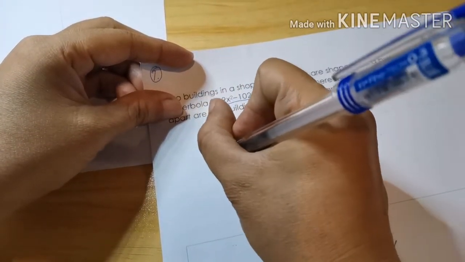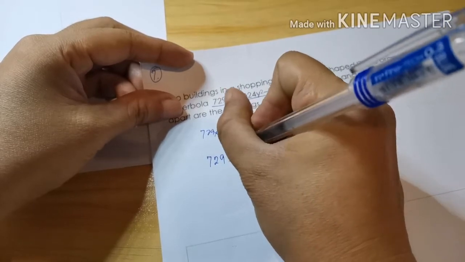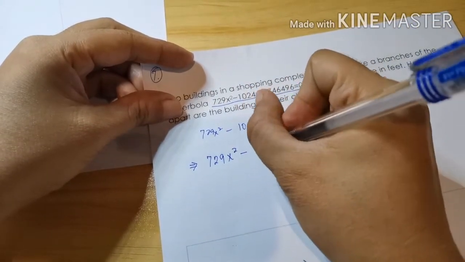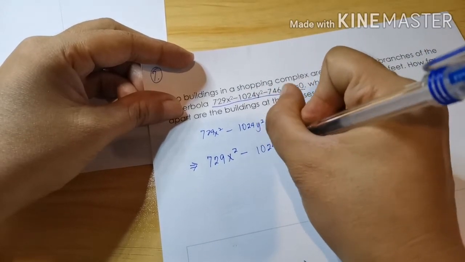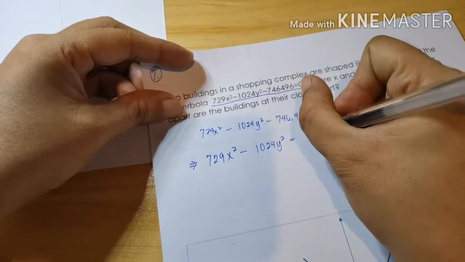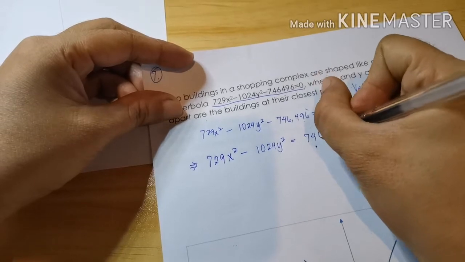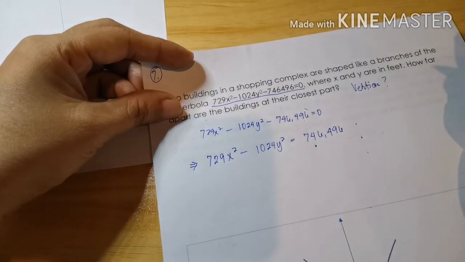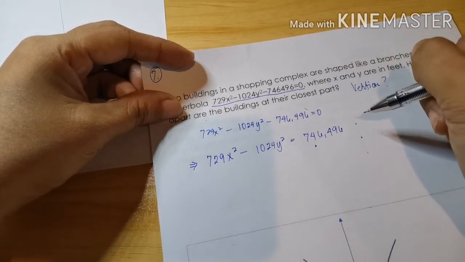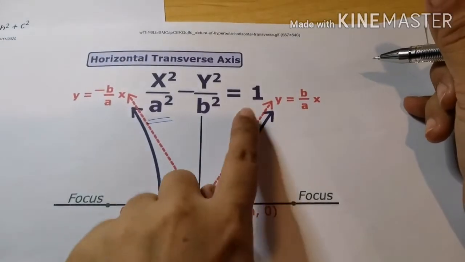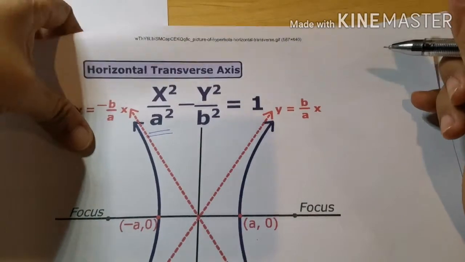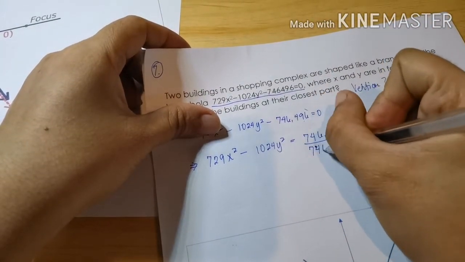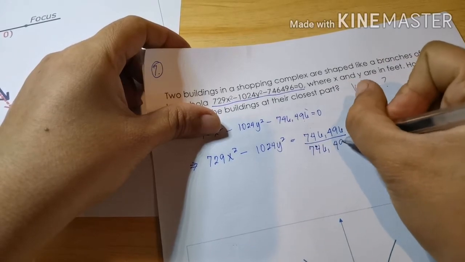So, we have 729 x squared minus 1024 y squared equals 746,496. Di ba dapat ito equal to 1? Therefore, we have to divide both sides by 746,496.